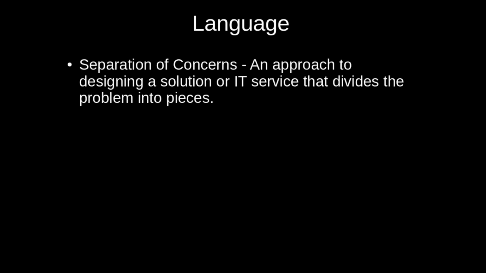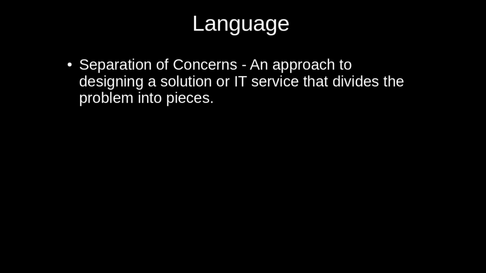So we're going to cover some of the language, but I really encourage you to go and look up the definitions of the terminology in the official glossary, which I'll give you a link to at the end. These are just some terms that I think it's important that we discuss, even if you do not go look at the glossary. So separation of concerns is a way of designing solutions for IT that divide the problem into pieces.